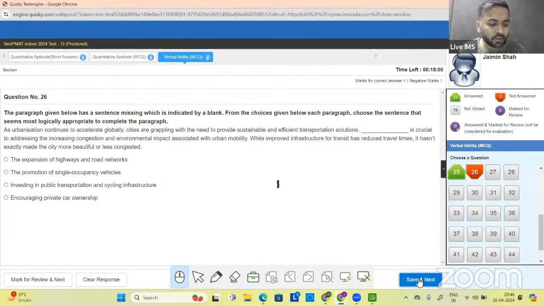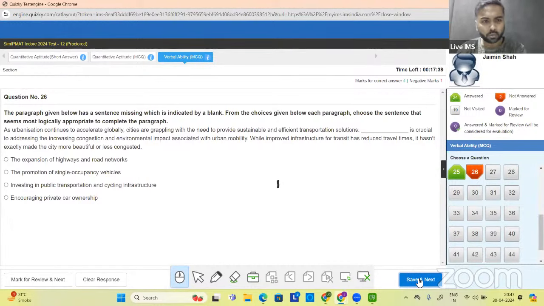Urbanization continues to accelerate globally. Cities are grappling with the need to provide sustainable and efficient transportation solutions. Dash is crucial to addressing the increasing congestion and environmental impact.